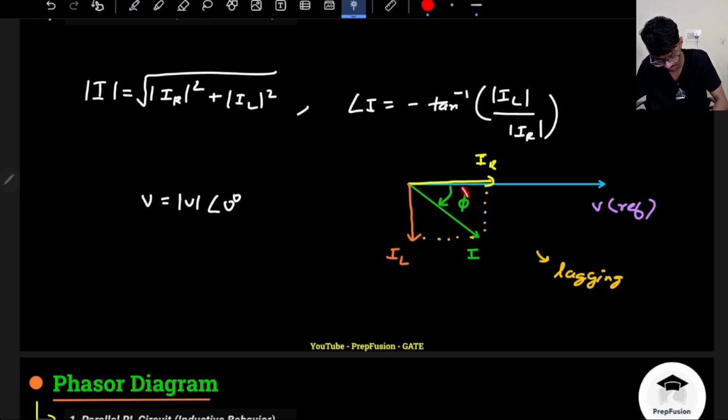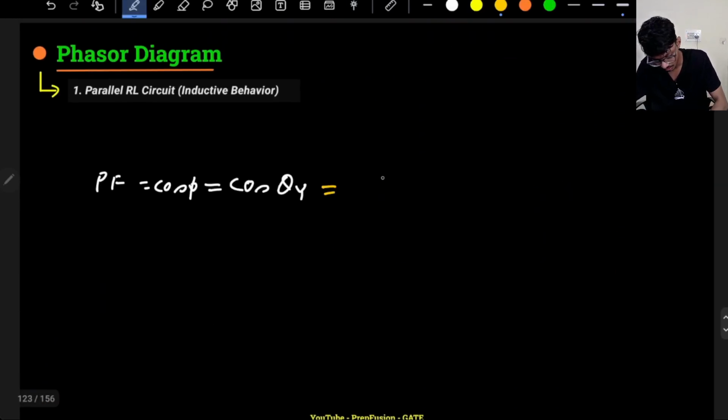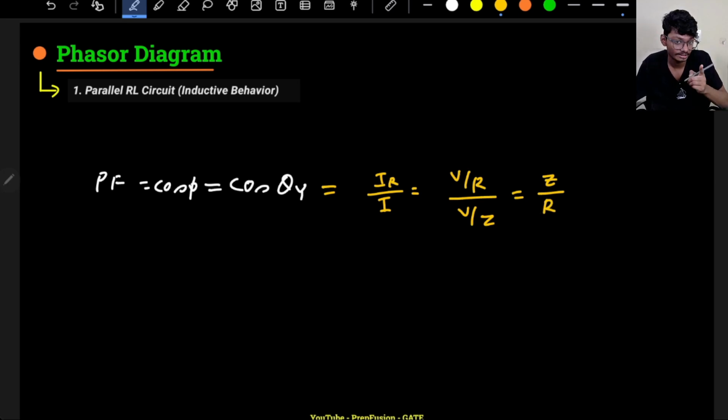So this is the triangle, right? IR is in the base. Cos of phi is base upon hypotenuse. Base is IR, hypotenuse is I, so it will be IR upon I. Now what is IR upon I? IR is V by R, and I is V by Z. So it is now Z by R. So your power factor angle is different. The power factor angle is not the same anymore.